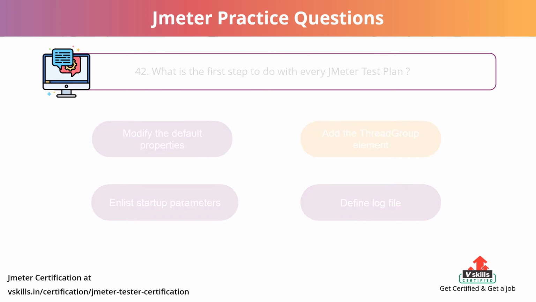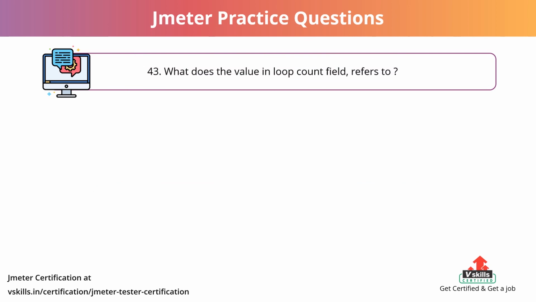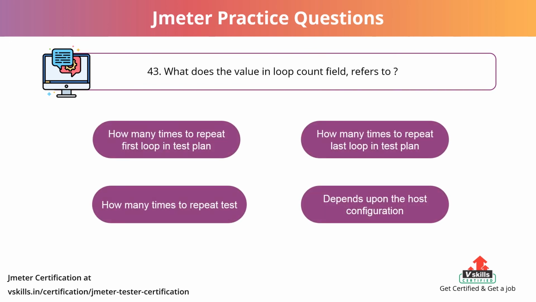Question number 43. What does the value in the loop count field refer to? The options are A, how many times to repeat first loop in test plan, B, how many times to repeat last loop in test plan, C, how many times to repeat test, D, depends upon the host configuration.